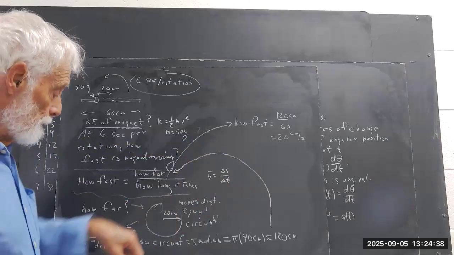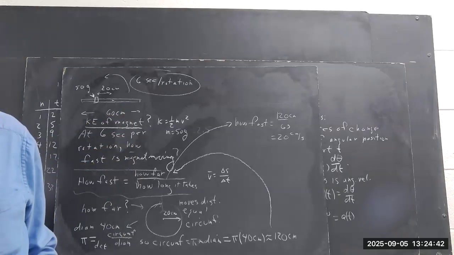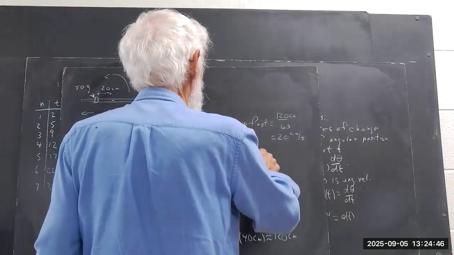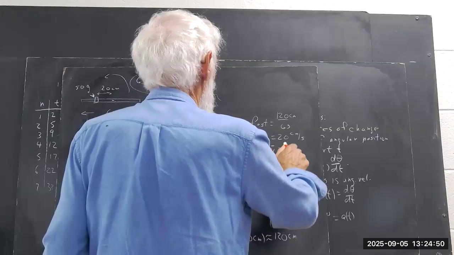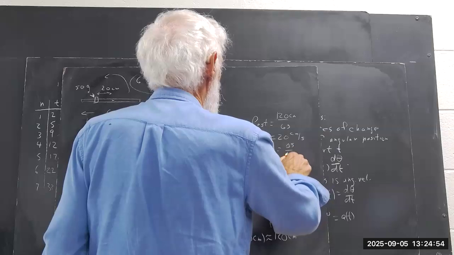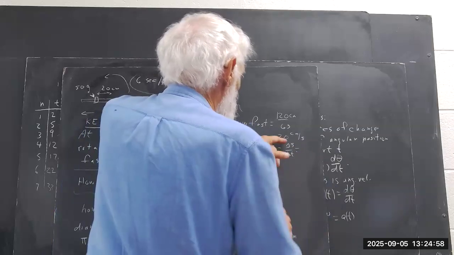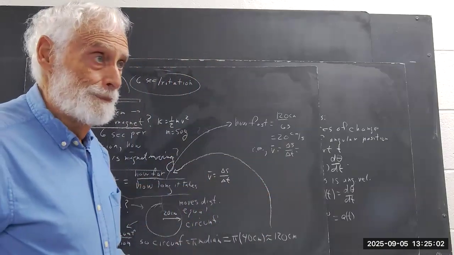So anyhow, it's 20 centimeters per second. We still don't have the kinetic energy. But now, if you want to do it with symbols, okay. But the feeling of the symbols is how far over how long it takes.